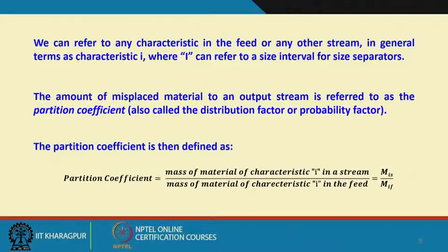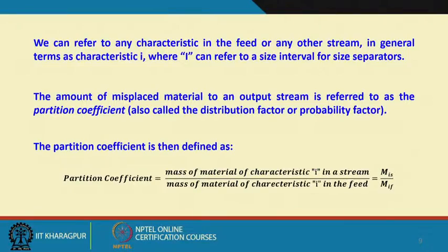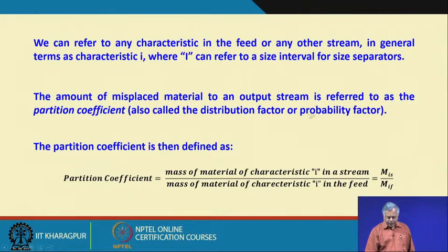That is called misplaced particles, that means they are in the wrong stream. So, the amount of misplaced material to an output stream is referred to as the partition coefficient. You will get to know it clearly when we solve an example. And this is also called the distribution factor or probability factor.